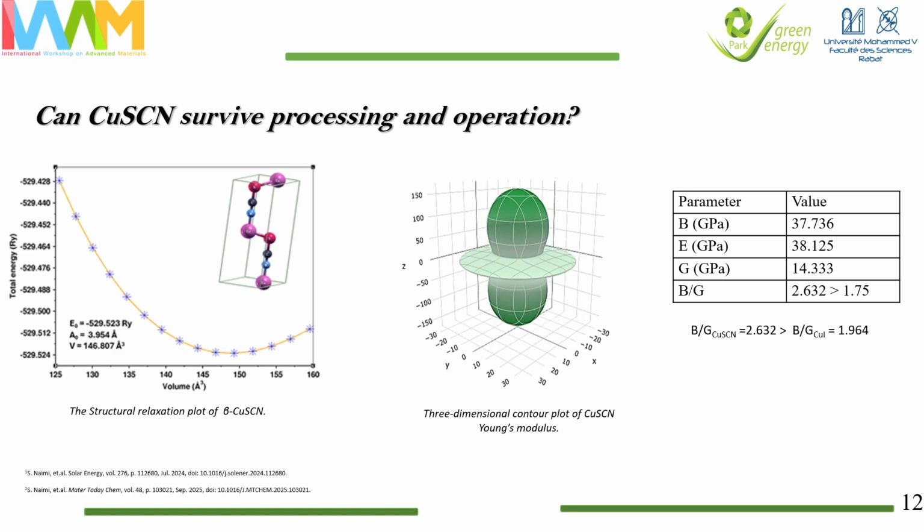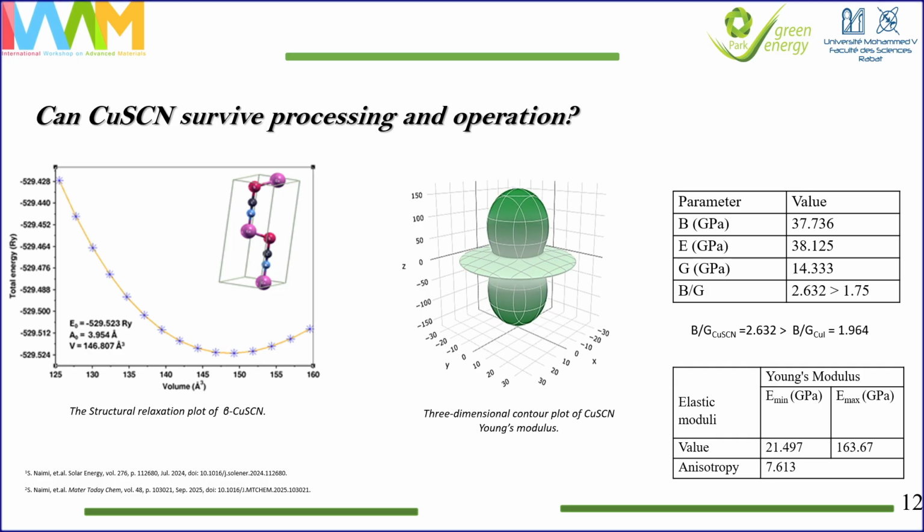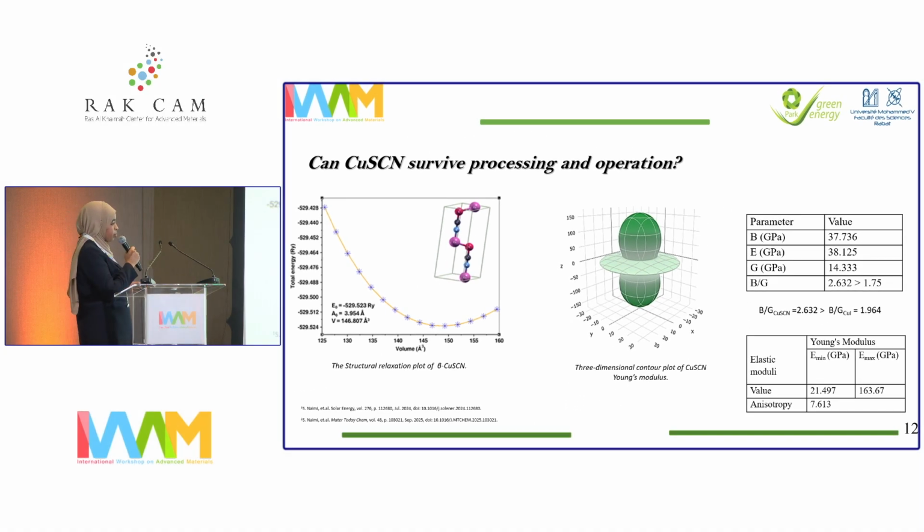We also plotted the 3D plot of the Young modulus. We noticed that this material has a big anisotropy, which means that its softness is direction dependent. A material which is ductile and anisotropic is suitable for use as an HTM.